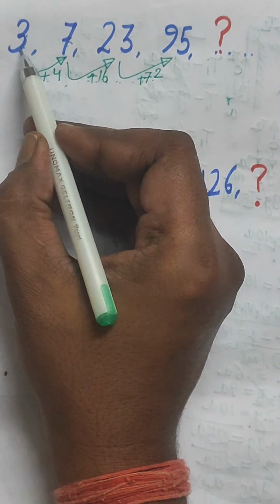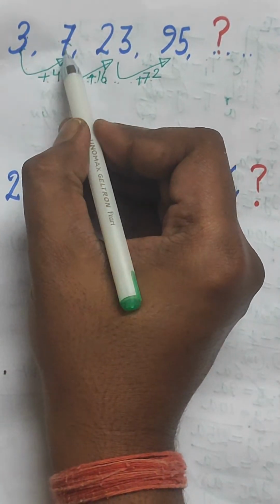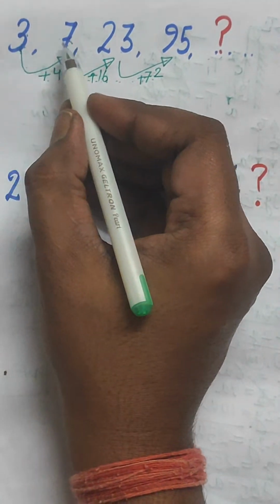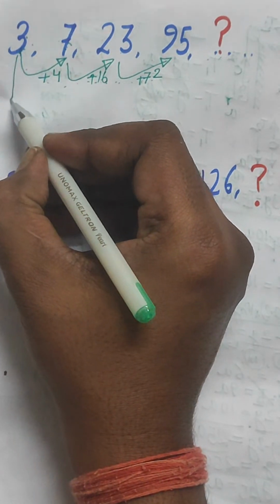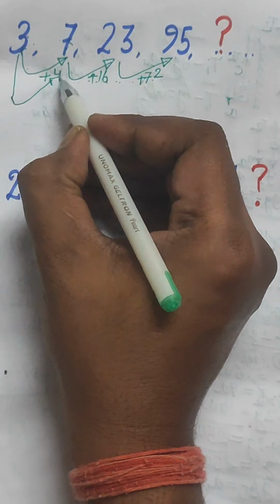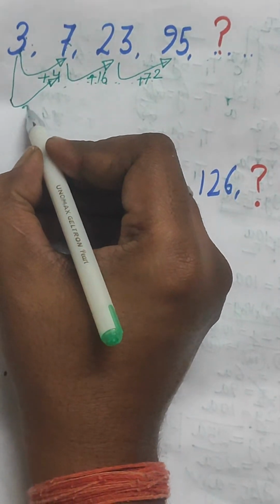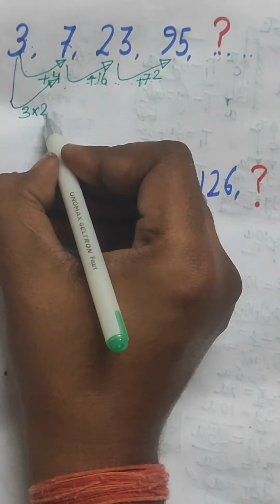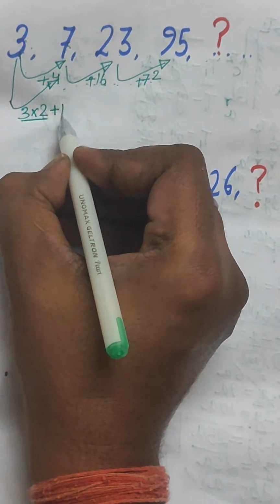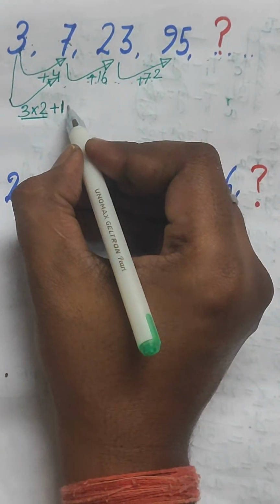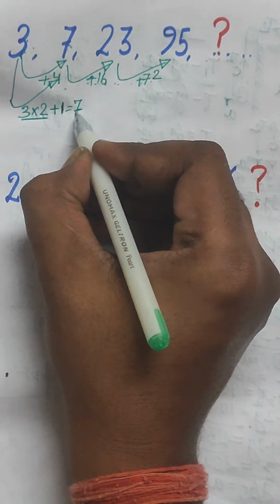From 3, 7 is coming. 3 into 2 will be 6, and when 1 is added to 6, you get the value 7.